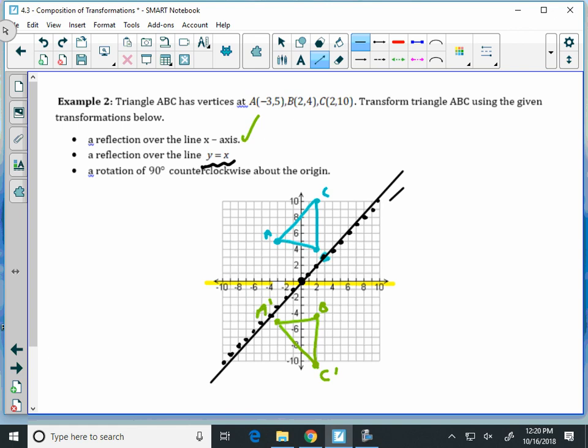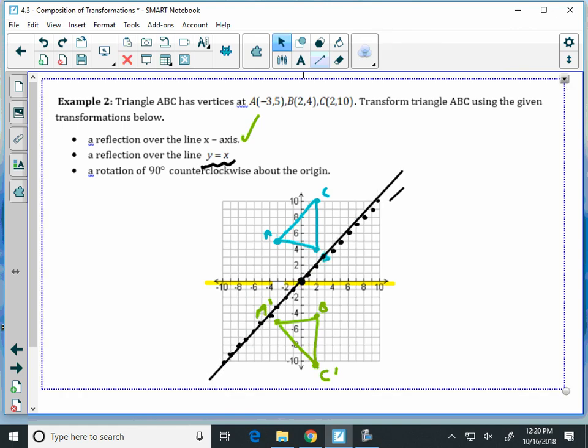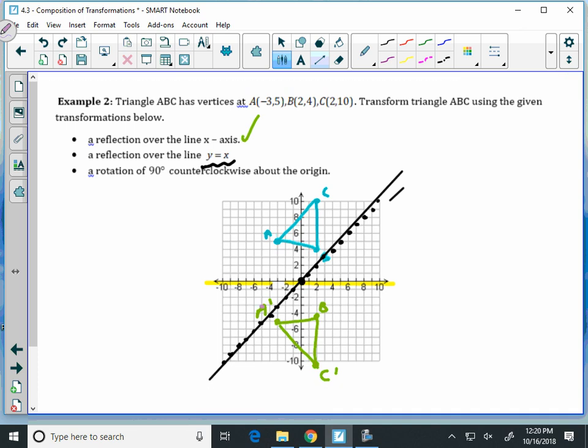So when we reflect over that line, all we have to do, again, is count. But we're counting a little bit differently because it's a slanted line. So with A, if I count up 2, which direction am I going to go? When it's slanted, we're going to go left 2.